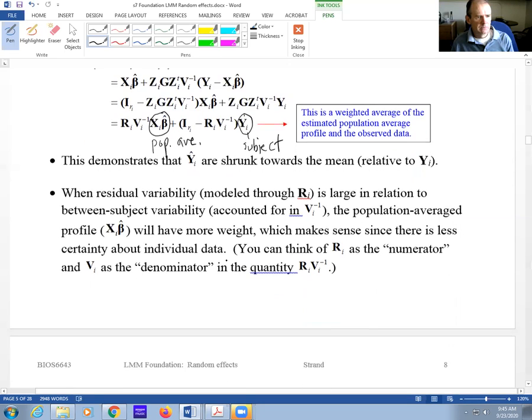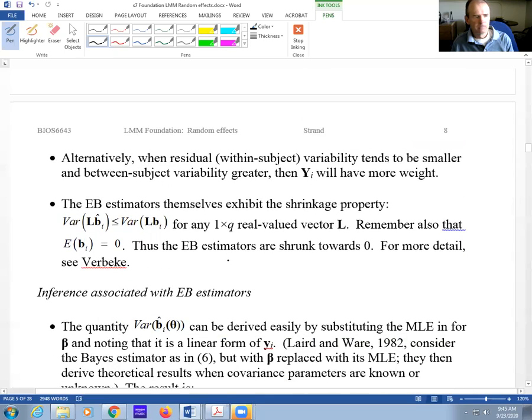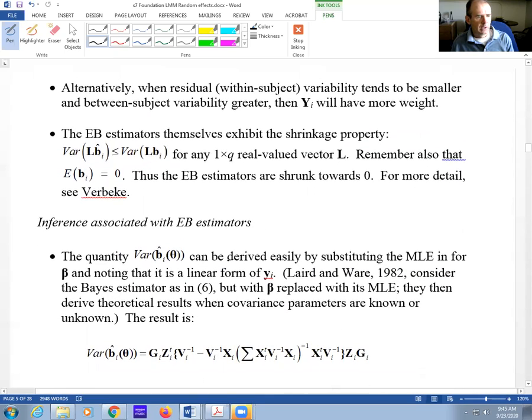Any other questions? So there are some slides here in the middle that I'm going to probably spend a little less time on. They're essentially talking about inference for these random effects. So we get estimates, right?